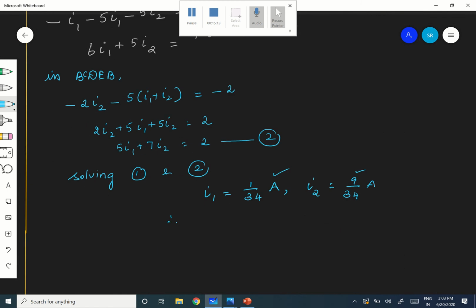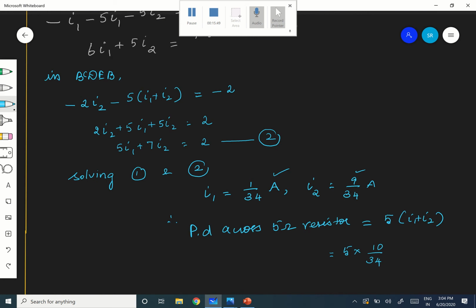Now what you want in the third case is the potential difference across the 5 ohm resistor. That is nothing but R into I, the potential drop. That is 5 into what is the current? I1 plus I2. Correct? Okay. Therefore, 5 into I1 plus I2 is 10 divided by 34.